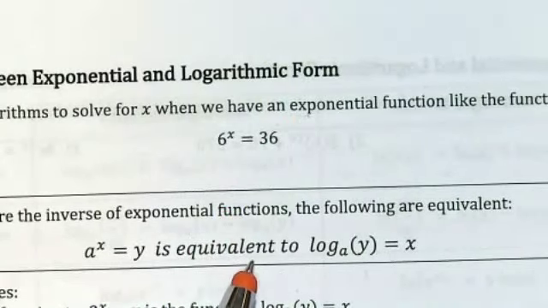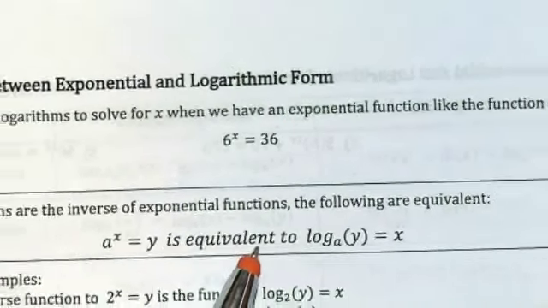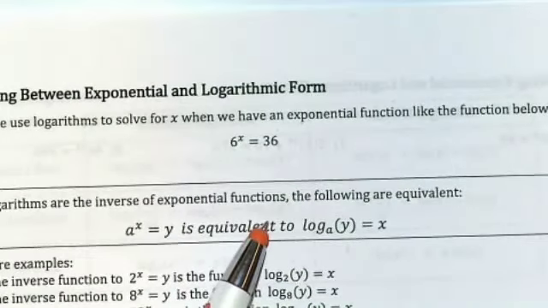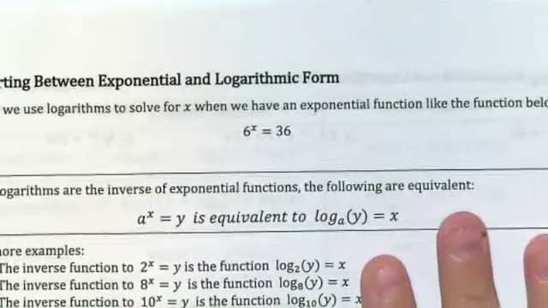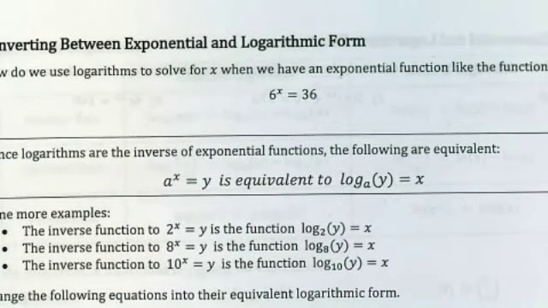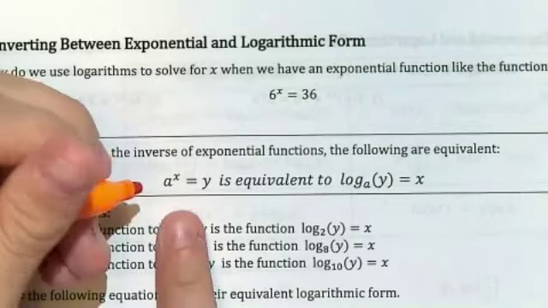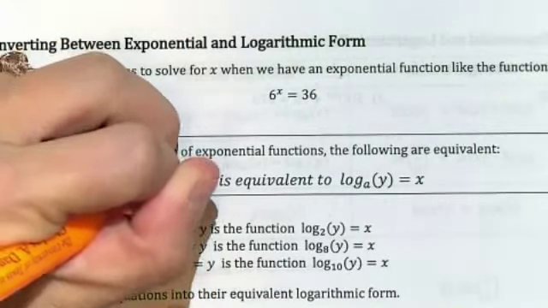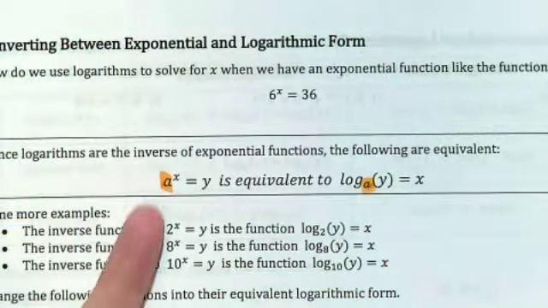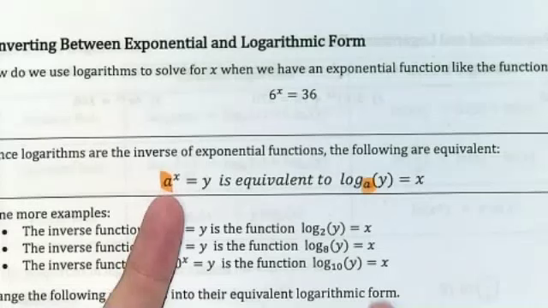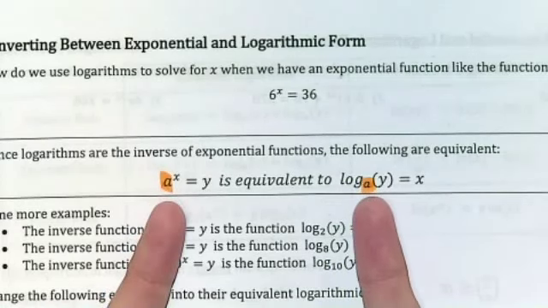Because logarithms and exponential functions have a relationship, you can convert from logarithmic to exponential form and vice versa. And here's what the relationship says. In exponential form, this a is the base in the exponential equation, and it's also the base in the logarithmic equation.